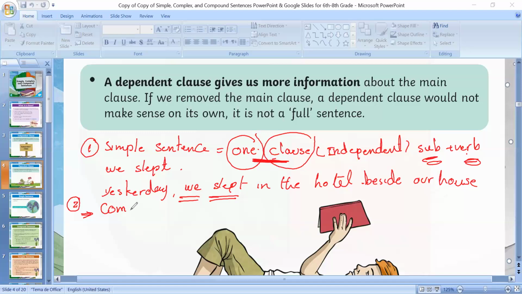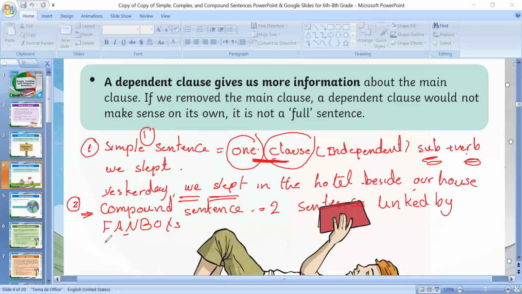Rule number 2. We have a compound sentence. What is a compound sentence? It is one simple sentence plus another simple sentence. So we have two simple sentences linked together by the fanboys.